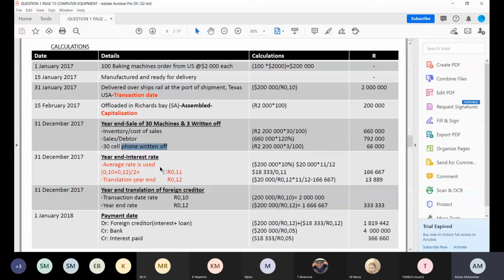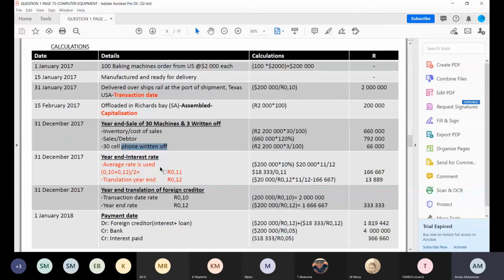So, in order to do that, we compare the 2 rates, the transaction date rate together with the year-end rate. Lastly, on the 1st of January, which is another financial year, this is where the payment is happening. And I'll explain how we recognize such.